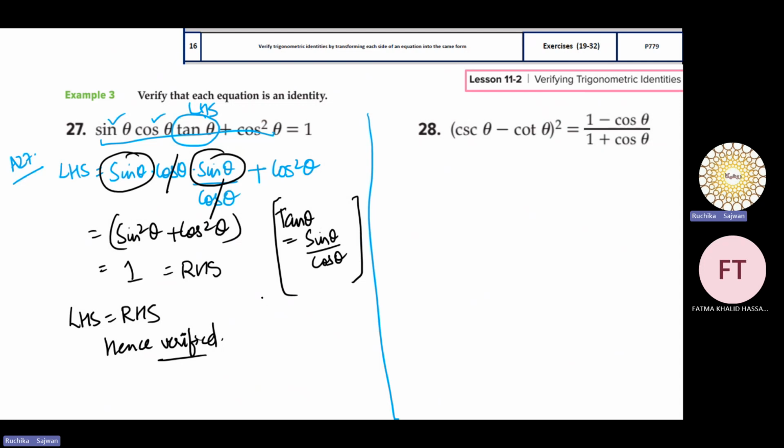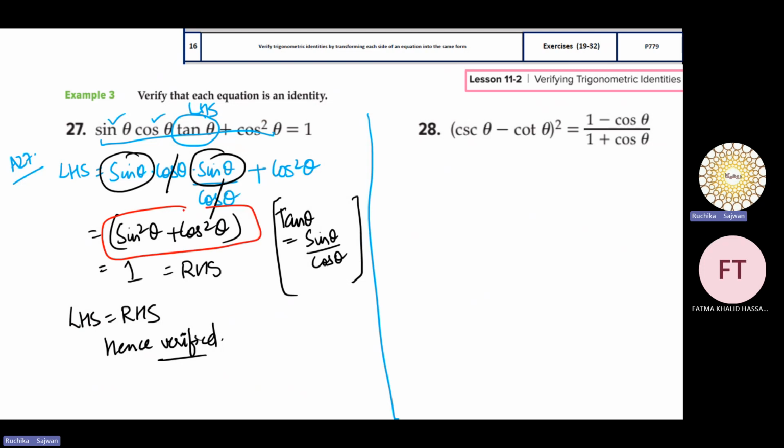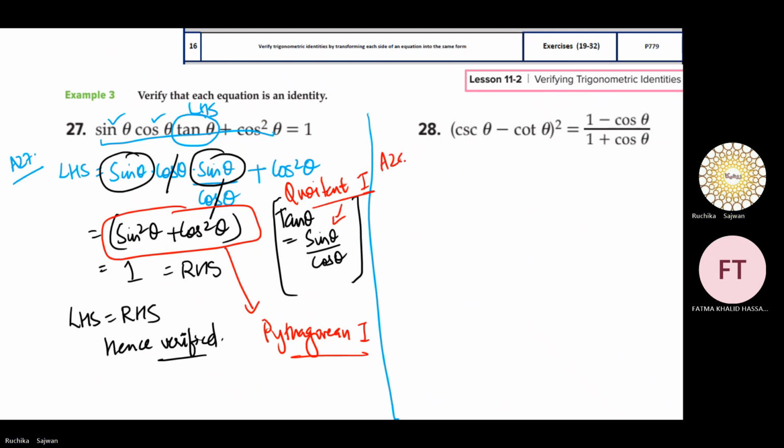Also, I use the Pythagorean identity, sine squared theta plus cos squared theta equal to 1. So please mention in brackets whichever identity you are using, whether Pythagorean, quotient or reciprocal, so that you get full marks and don't lose step marking.